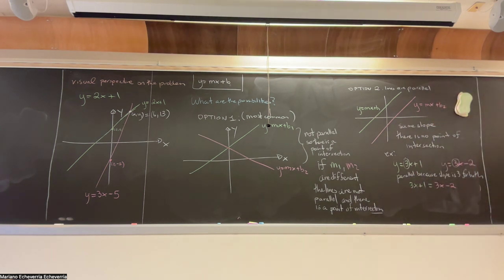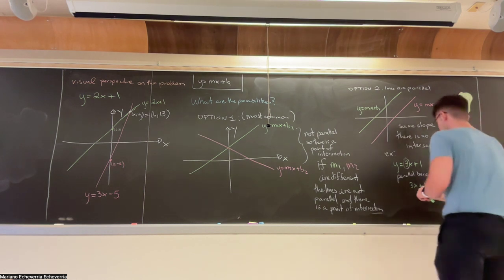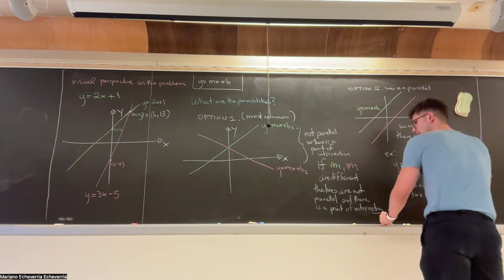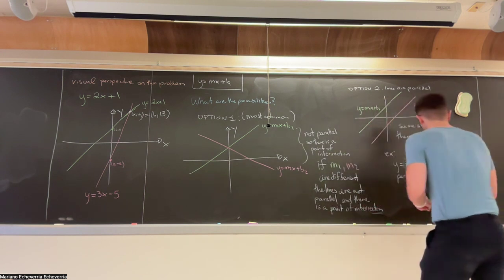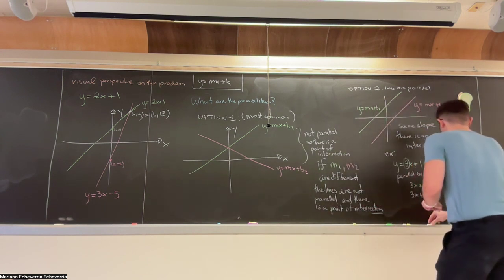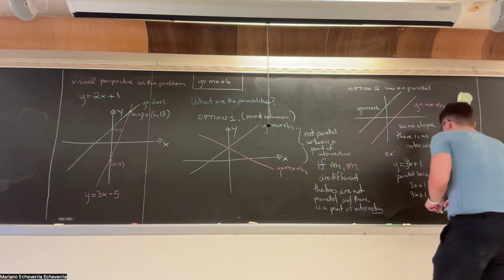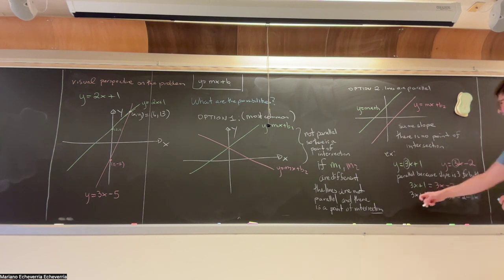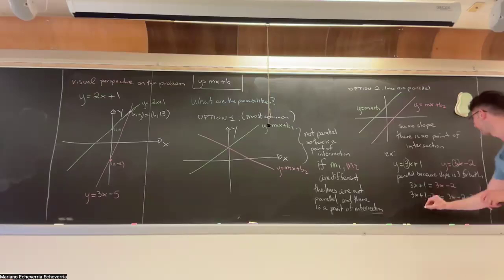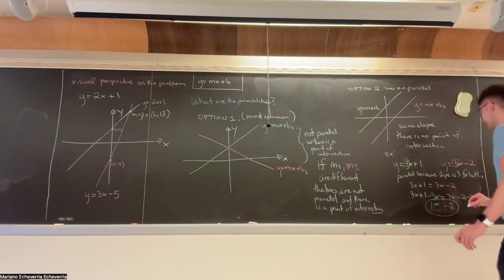You can subtract 3x from both sides. And so what do you end up with? You end up with 1 equals -2, which is impossible, right? So this is never true.